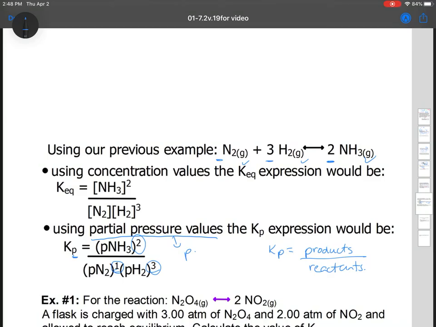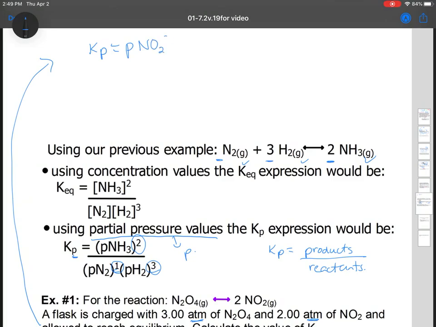Okay, so in the first question, a flask is charged with 3 atmospheres of N2O4 and 2 atmospheres of NO2 and allowed to reach equilibrium. Calculate the value of Kp. If you remember from grade 11, ATM is just a unit for pressure. Again, I have to write my answer up here. So always, always, always write out the Kp or Keq, the equilibrium law expression.